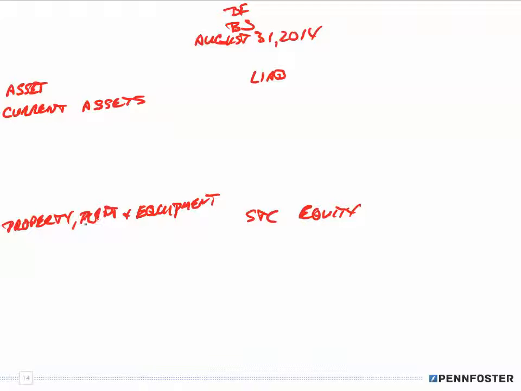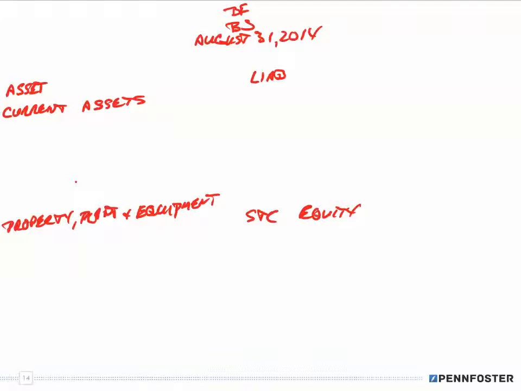Your longer term, plant being, if you have a really, really big building, equipment, long-term equipment, like printing presses or something like that. It's not your short-term computers and furniture and stuff like that. All of that stuff goes under current.